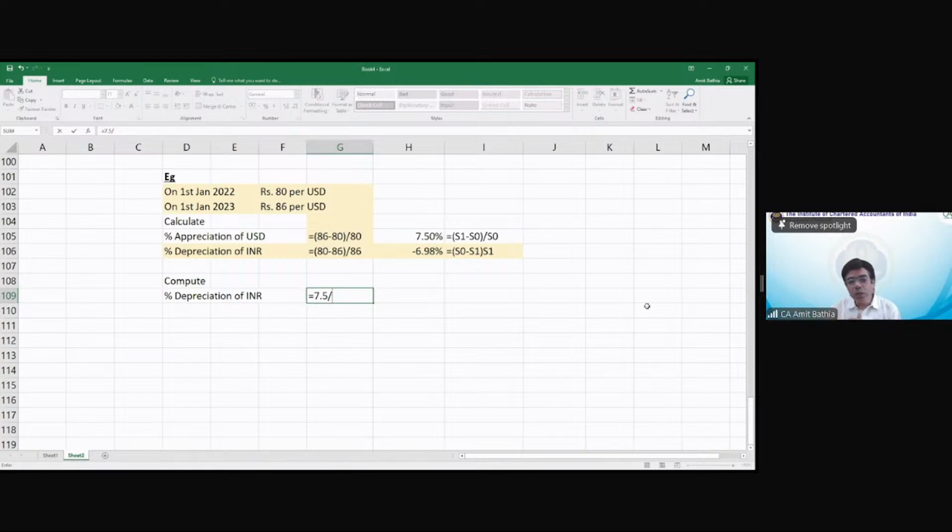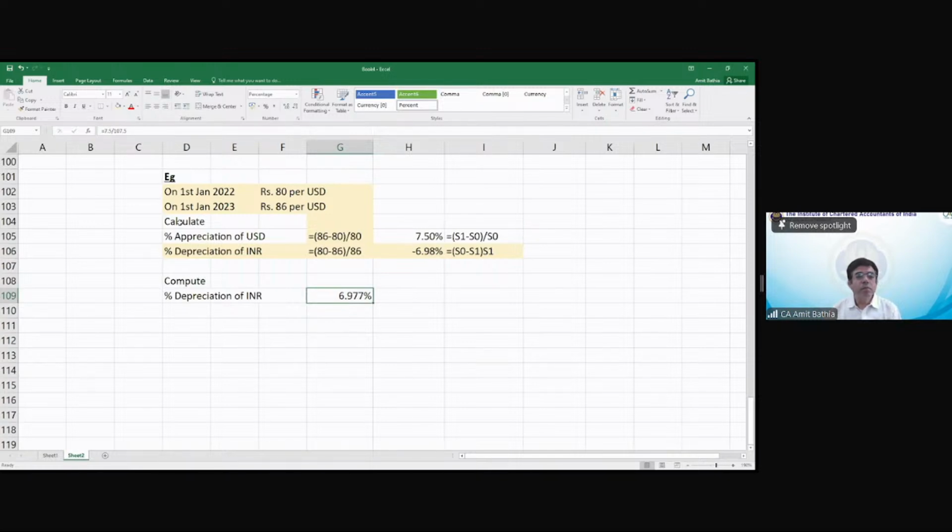So that comes in the numerator, and in the denominator, I need to write the new value. What is the new value now? 107.5. Are you with me? Yes, sir. Are we still getting the same answer? Let's check it. Are you getting the same?